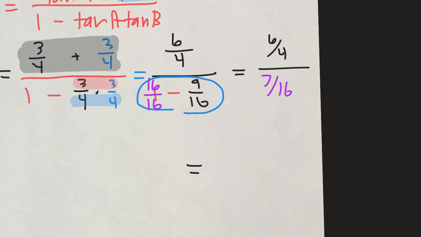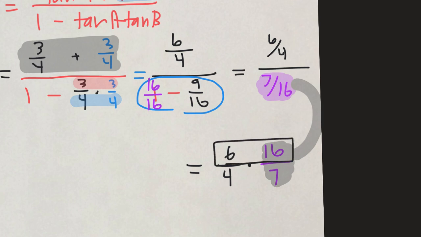So now I have 6/4 divided by 7/16. And if you've listened to any of my videos, we don't divide by fractions, but rather we multiply by the reciprocals. So we take our 7/16 and we reciprocate it to become 16/7. So we have on top 6 times 16, and on bottom 7 times 4.